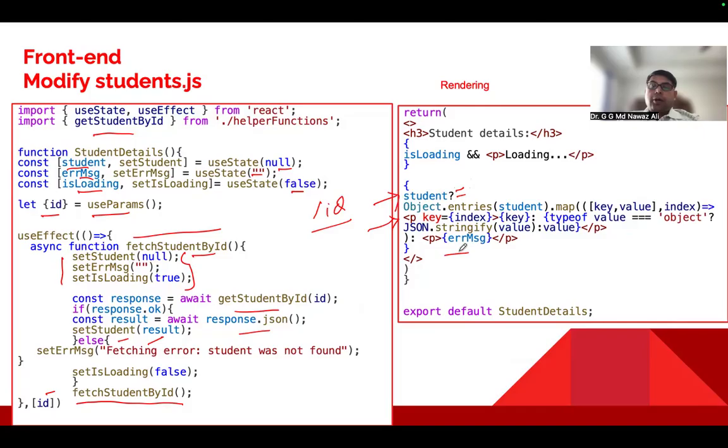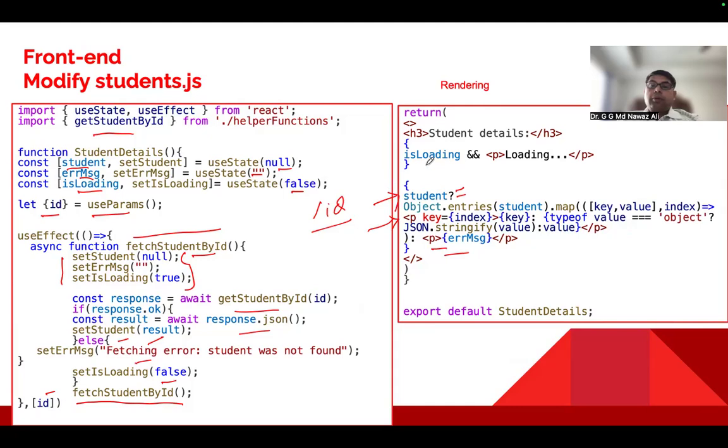Otherwise, you display the error message, which is here. If the response is not okay, then you generate some error message. Now, you also flag isLoading, because the loading is done and fetching is done, so set isLoading to false.